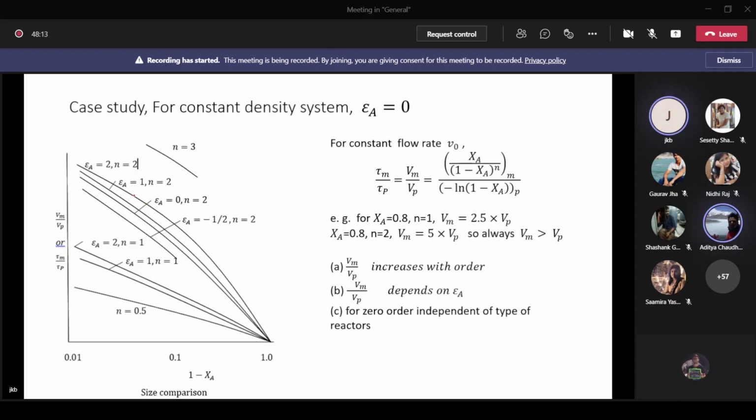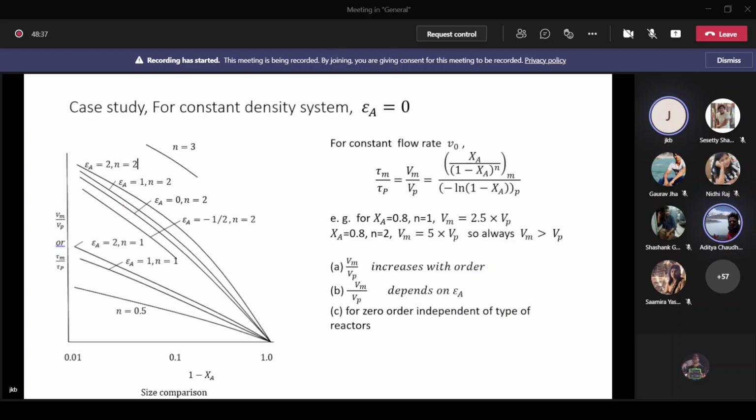And next you compare the value of epsilon. As epsilon decreases, the ratio decreases. Because epsilon 2 is at the top, epsilon 1 here, epsilon 3, epsilon 0, epsilon minus 0.5, gradually it is coming downward.